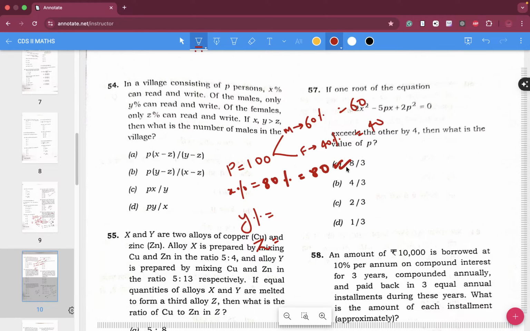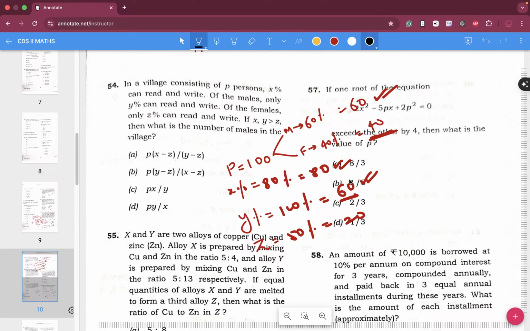Now over here I'm saying 100% of the male people can read and write. So from the females we need only 20. 50% of 40 will be how much? 20. So 50% of females can read and write.